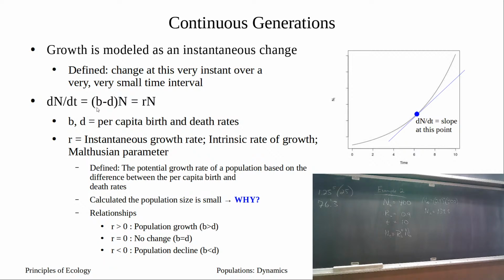The difference between our births and deaths, our birth rate and our death rate, gives us this important parameter, r. r is an instantaneous growth rate, and it has two other names. So it's the instantaneous growth rate. We could call it the intrinsic rate of growth. This is also the Malthusian parameter.